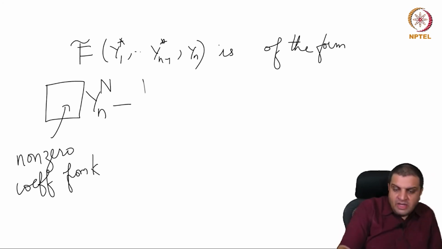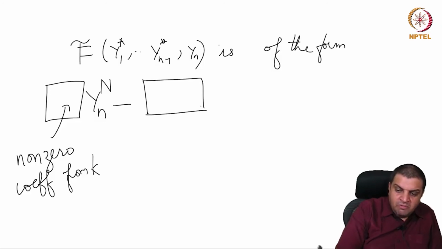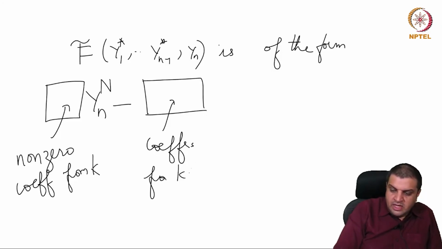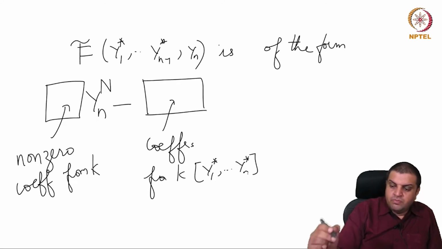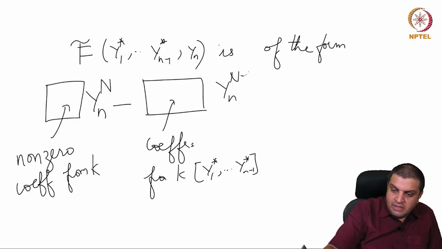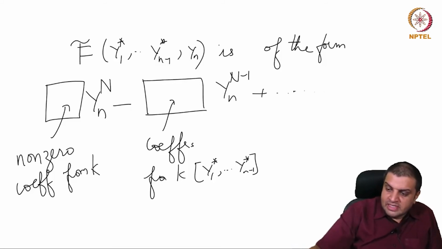Then from here onwards it would involve some coefficients from K adjoined the fewer variables: yn minus 1 star, and then yn to the n minus 1 and so on, lower degree terms.